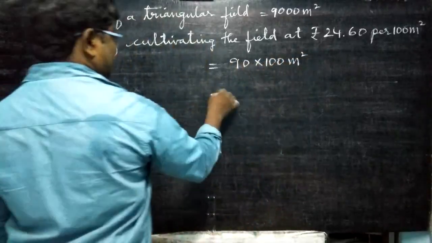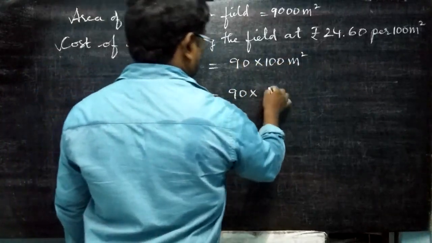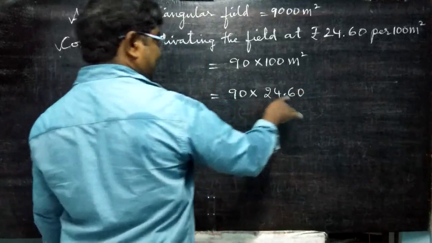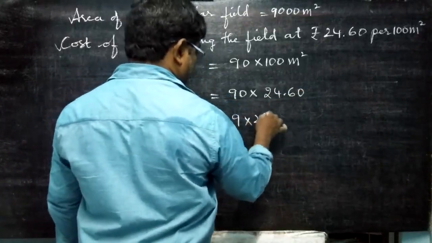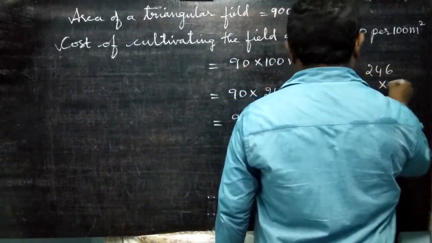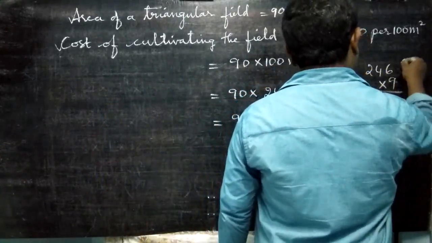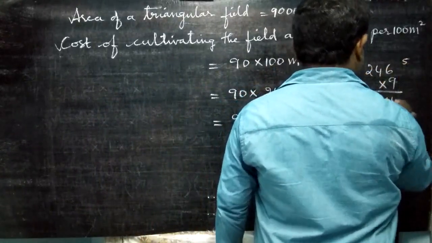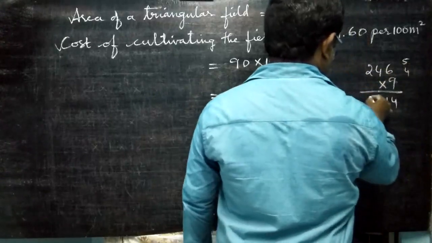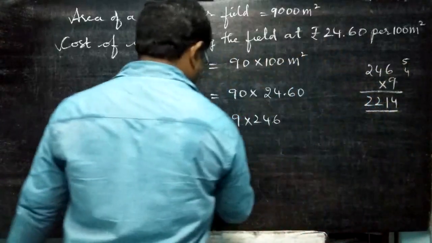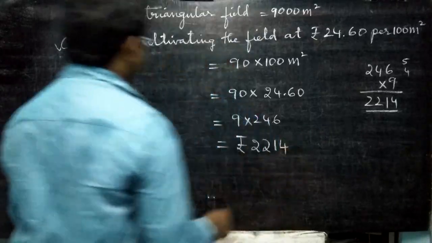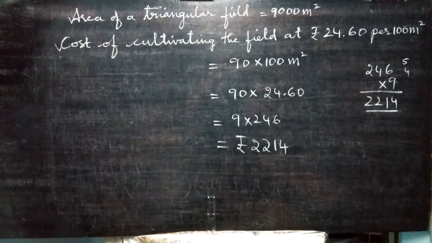So 90 into 24 rupees 60 paise. The easy way of multiplying is 9 into 246. Multiply 246 into 9: 54, 36, 18, 22. So what is the cost? 2,214.